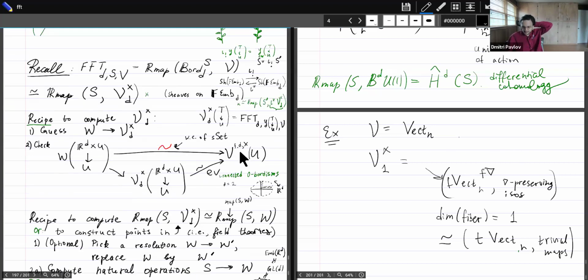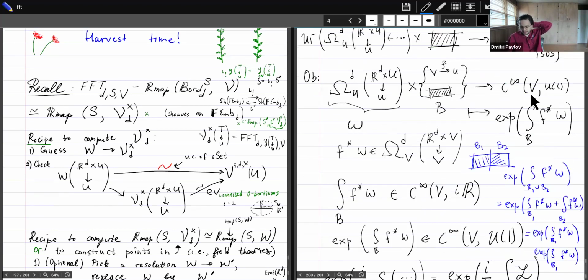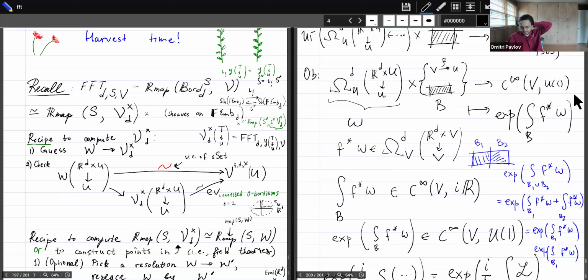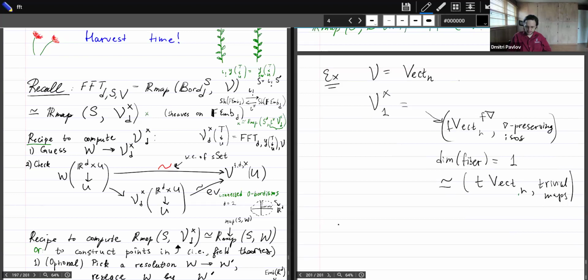And this example is computed in exactly the same manner as what we have here. The only difference will be in the very final formula. Instead of this expression, you will quite literally take the parallel transport. So you will have the same type of data. You have a vector bundle with a fiber-wise connection omega, a map F from V to U, and the bordism B, and you will send it through the parallel transport along the bordism.